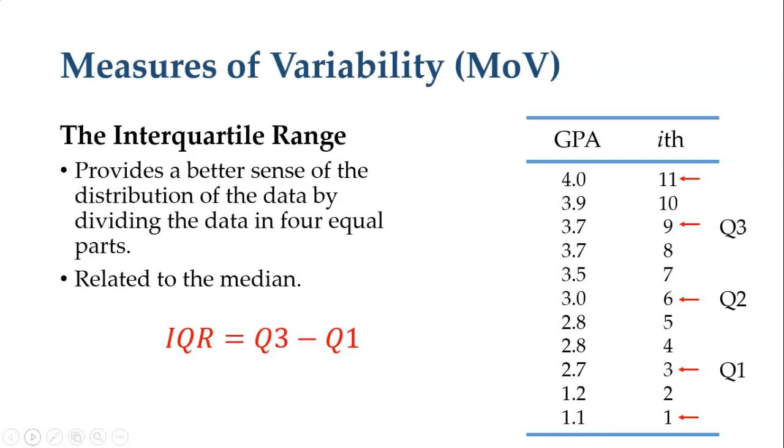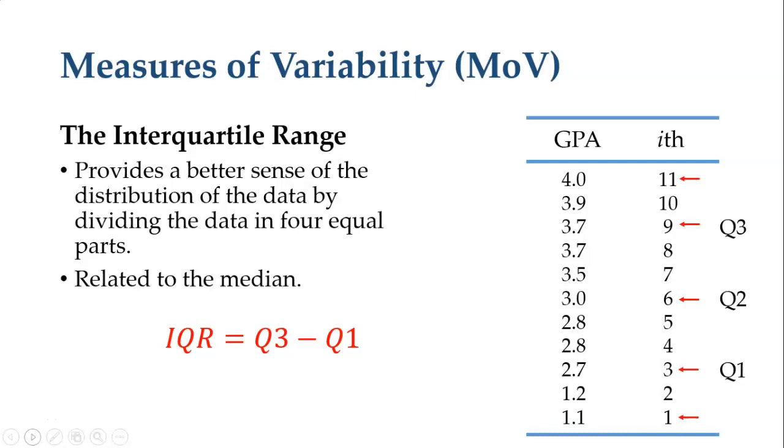The median corresponds to quartile 2, quartile 1 is the bottom half of the table, and quartile 3 is the upper half. And what you do is subtract the value of the first quartile from the value of the third quartile.